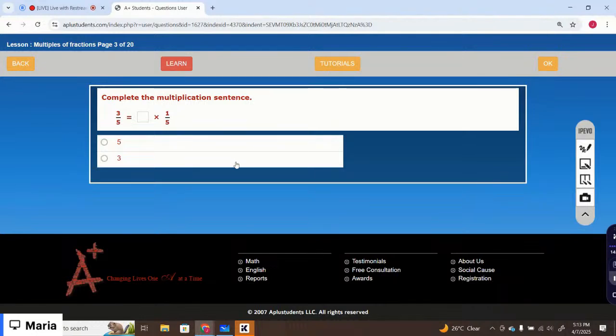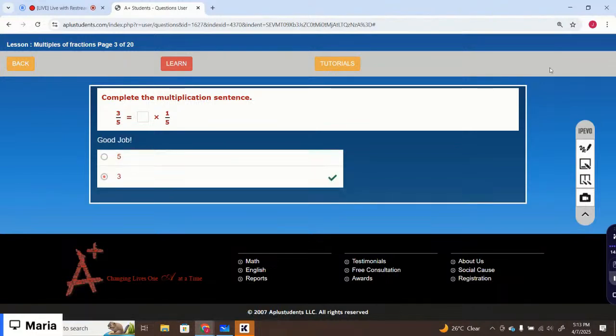Times 1 is 3. So the missing number is 3. Okay, you can complete the lesson by yourself. That is 3 times 1 is 3. So 3 by 5 it is. The missing number is 3.